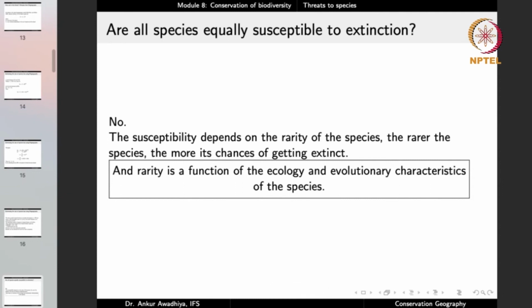Now, all the species are not equally susceptible to extinction, as we have seen that certain species will be lost preferentially. And the susceptibility also depends on the rarity of the species. The rarer the species, the more are its chances of getting extinct. And rarity is the function of ecology and evolutionary characteristics of the species.